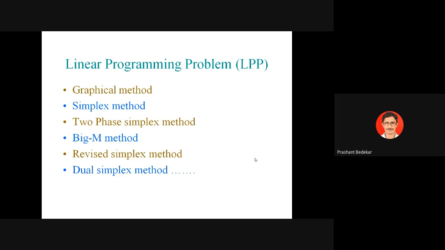That is an assignment problem. It is a linear problem, but it is a typical problem. It is never solved using simplex or whatever methods I have listed. There is a special method, the Hungarian method, which is used to solve the assignment problem. So there are many more methods available for different types of problems.